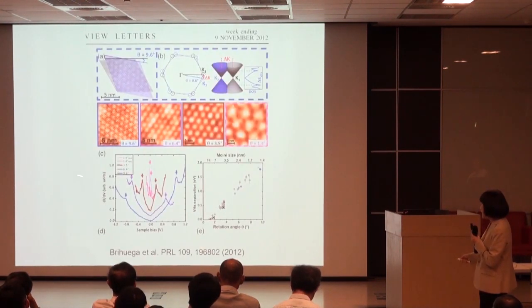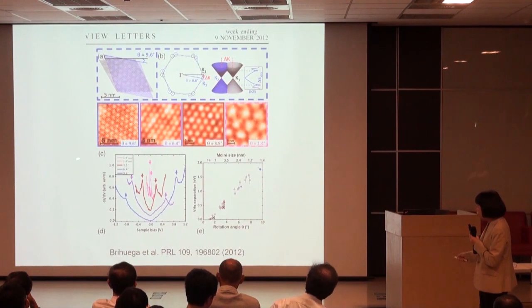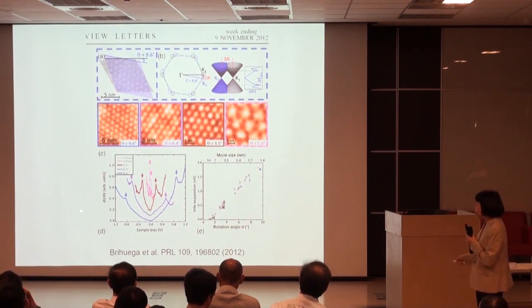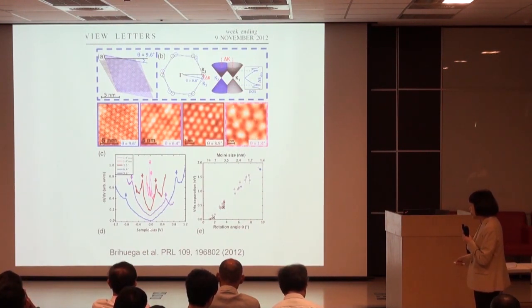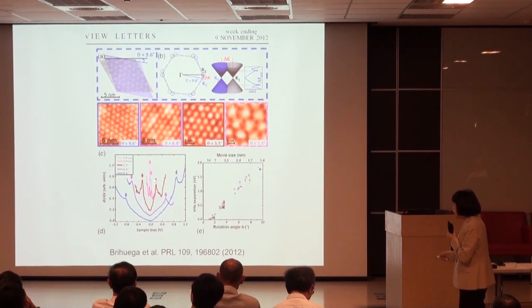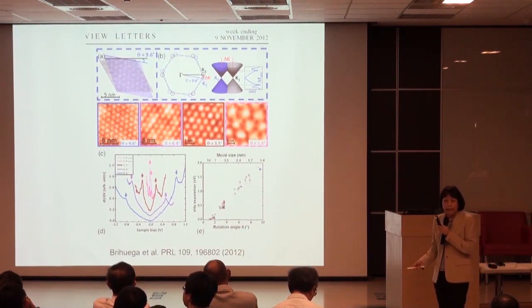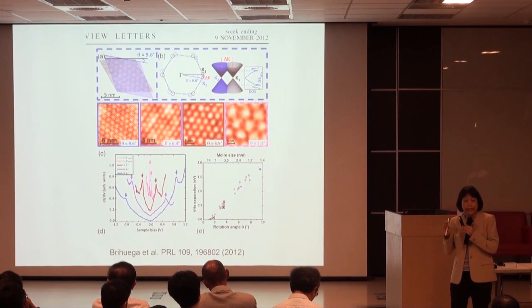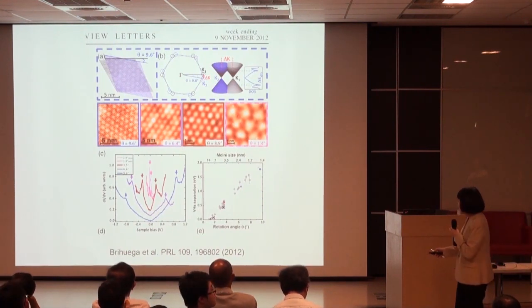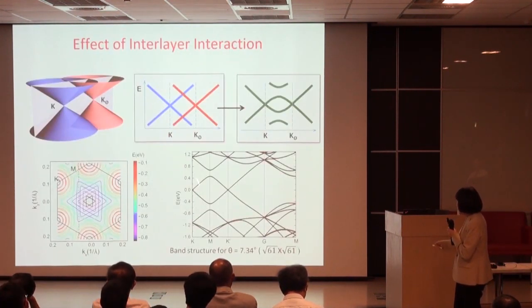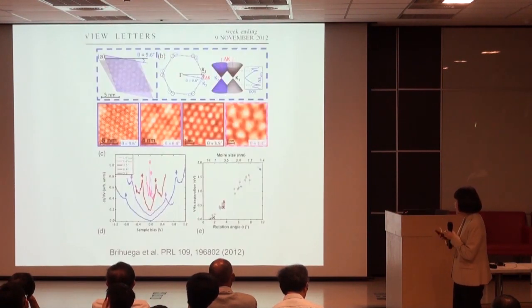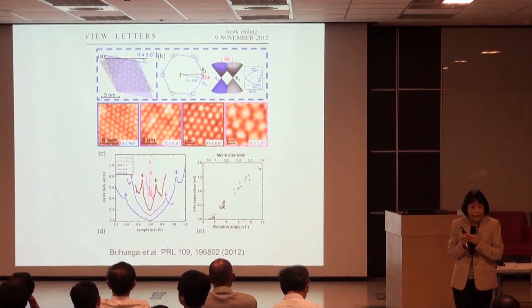Again, this is STM, where dI/dV means the first derivative. We measure the density of states as a function of bias, and we see the peaks in the density of states, and that would indicate that the energy bands really follow this kind of picture, because otherwise you would not see those peaks in the density of states in the experiments.